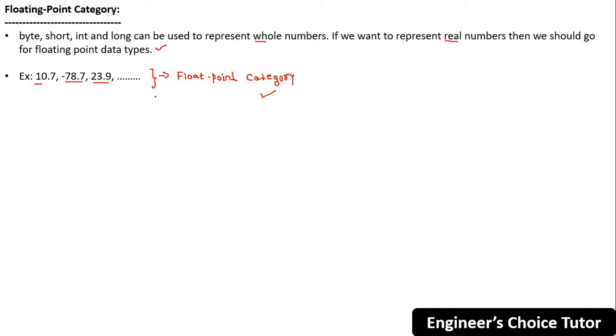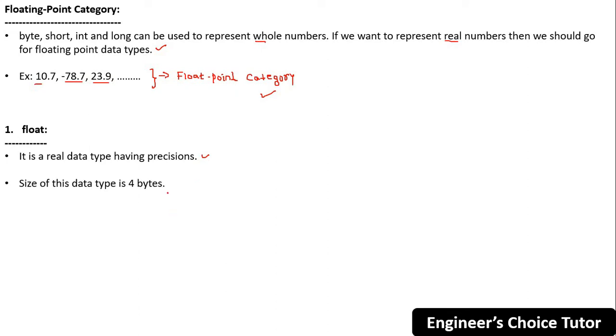So in this we will cover first the float. What is the float? Anyone? Okay, fine. Float is a real data type having precision. The size of this data type is 4 bytes, and the range is minus 3.4 E38 to plus 3.4 E38.